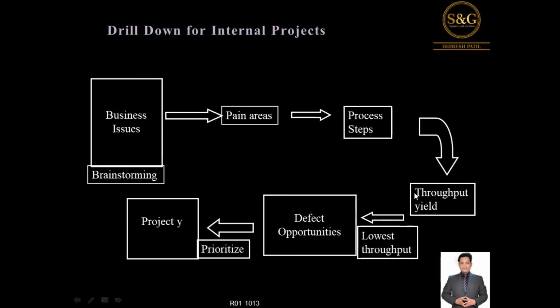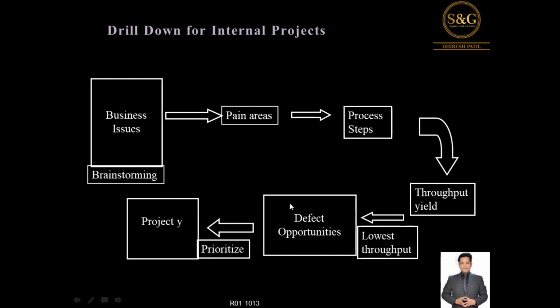Then, after calculating throughput yield, we identify the lowest throughput yield process step. From that step we dive deep, collect some data about the defects, and then do a Pareto analysis to identify the top defect opportunities in that process.